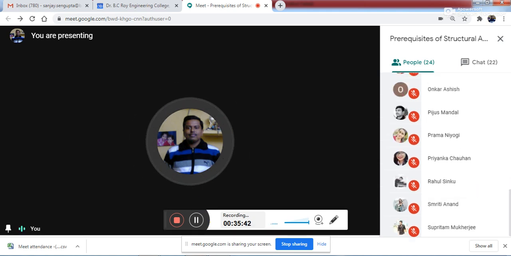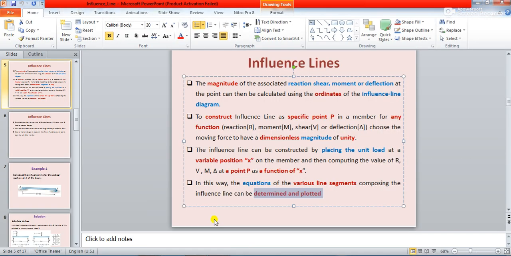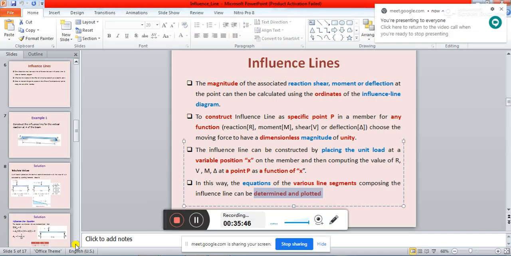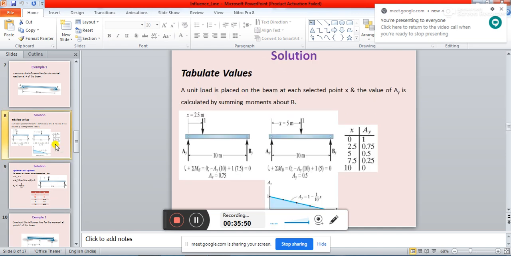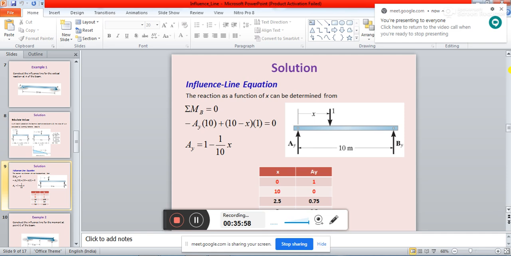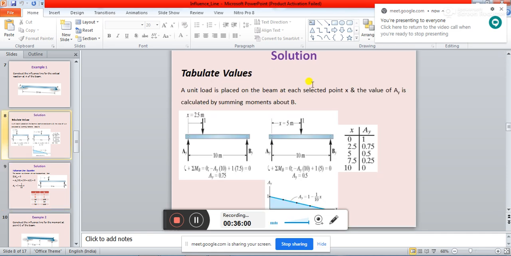So you see this problem, now I will show you over here. This is the one we have discussed. All these things I have explained in that Word document, if you notice, so please go through this problem solution.